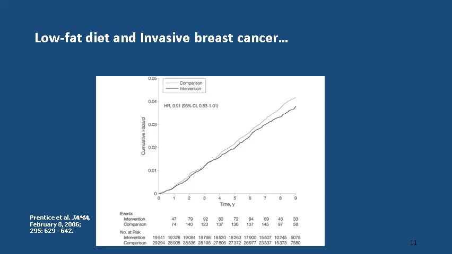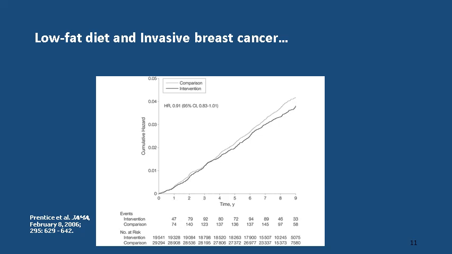This is one graph of survival: low fat diet and invasive breast cancer. This study was published in 2006. It showed that the intervention group had a lower cumulative hazard. The intervention group was getting a low fat diet.